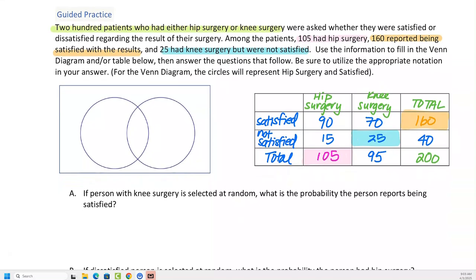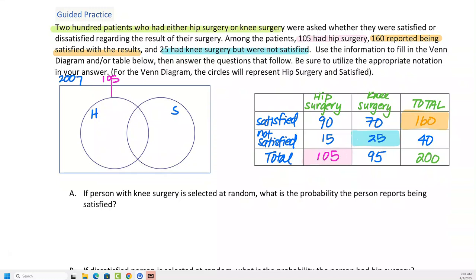If I wanted to fill in my Venn diagram, it's going to be 200 total. We know 105 had hip surgery. So that's going to be, oh, I've got to label my circles, H and S, right? Had hip surgery and were satisfied. So 105 were the hip surgery.